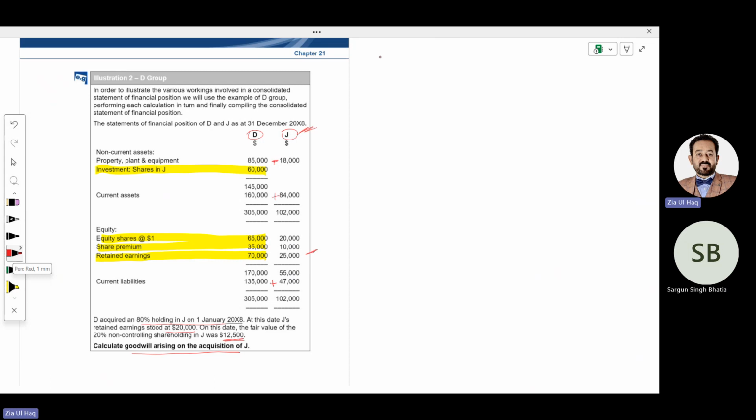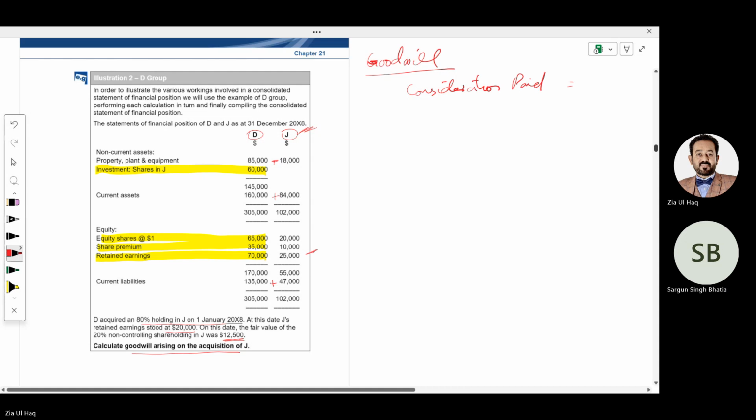How to calculate goodwill? Consideration paid. What is consideration paid? The investment given in the question.